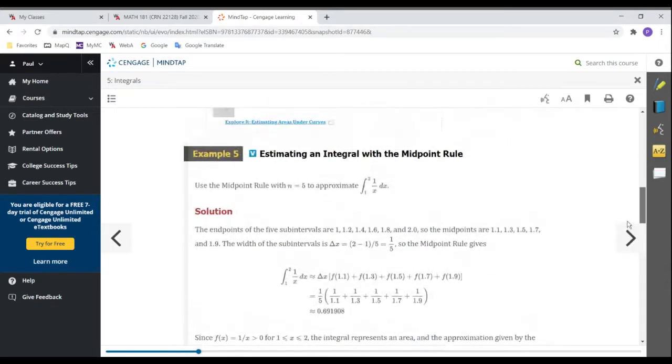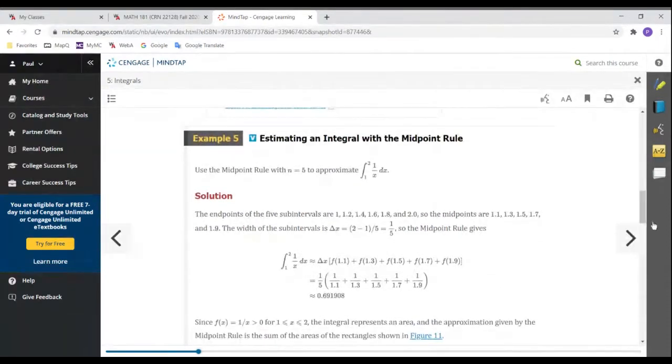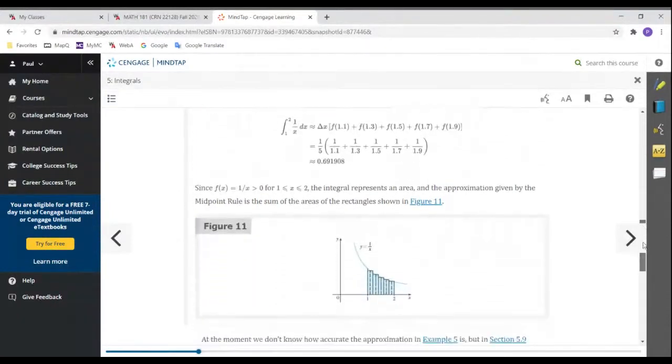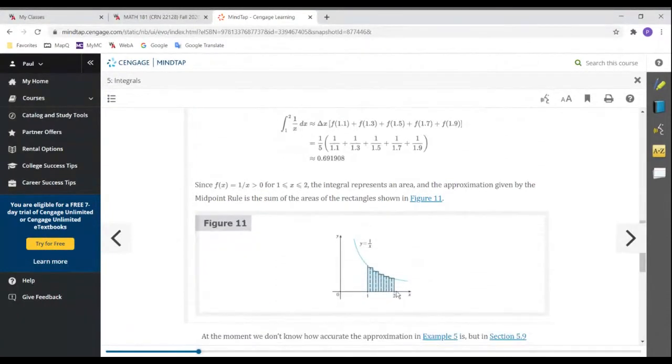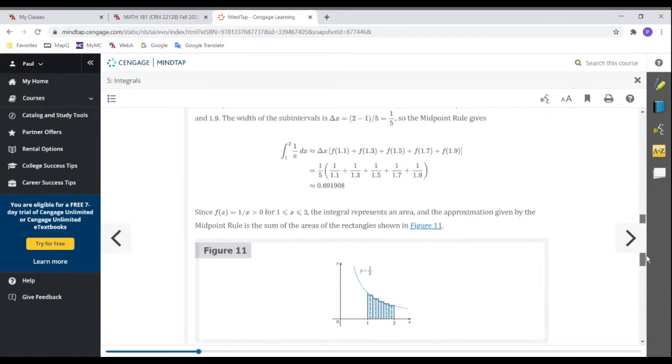You have a function, like here from 1 to 2. You divide it up into 5 subintervals. Then you pick the midpoint of each subinterval, as in figure 11, and evaluate the function at that midpoint, and that gets you the heights of the rectangles.